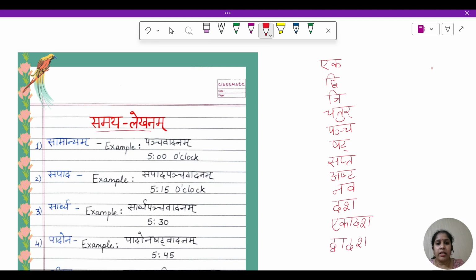We will be doing the counting separately in a new video, but for the time being, we need the numbers from 1 to 12 only for time.